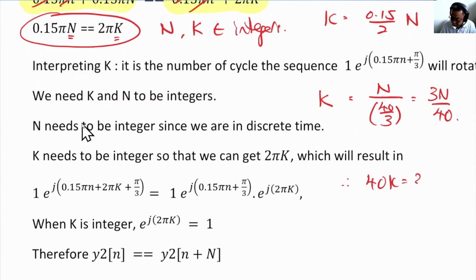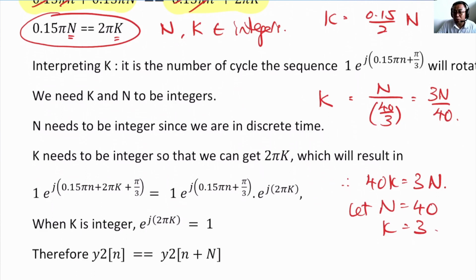So 40k equals 3N. Let N equal 40, k equal 3. Then we have equality: 40 times 3 is 120, 3 times 40 is 120. So this is what we are trying to find. N is 40, making k to be 3.